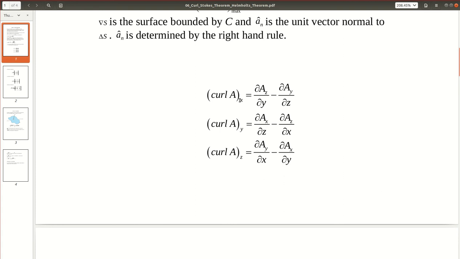So you take AZ and AY, and for each one you take the differentiation with respect to the other dimension. So for the curl of A in the Y direction, you take the differentiation of AX with respect to Z, minus the differentiation of AZ with respect to X, the other one.